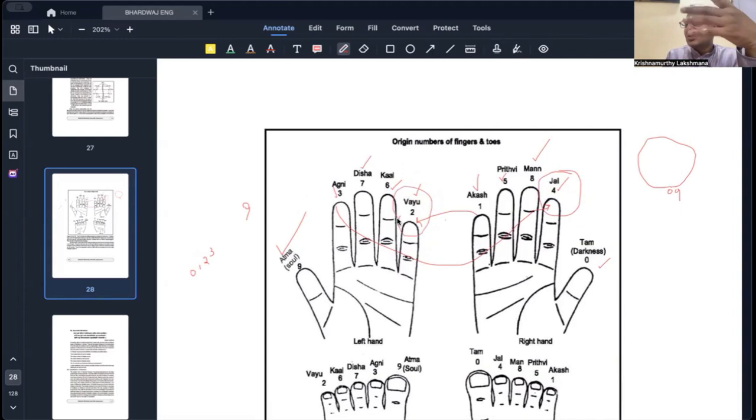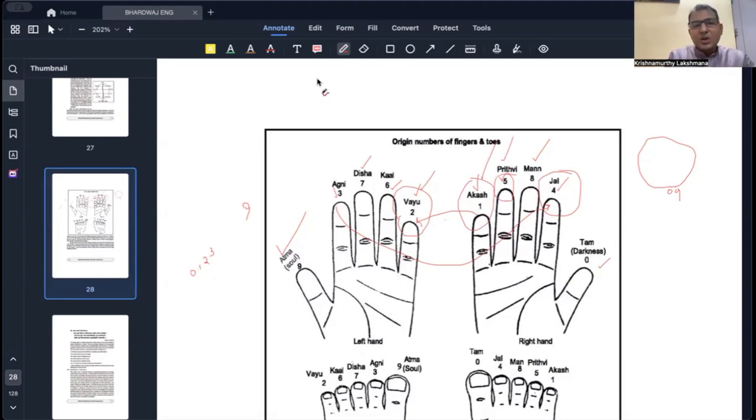If vayu or the organ related to vayu is out of balance, I will use this finger to treat. If akash or the organ related to Akash is out of balance, I will use this finger. If Prithvi or the organ related to Prithvi is out of balance, I will use this ring finger. Now, which element?